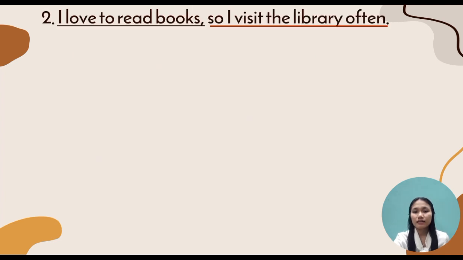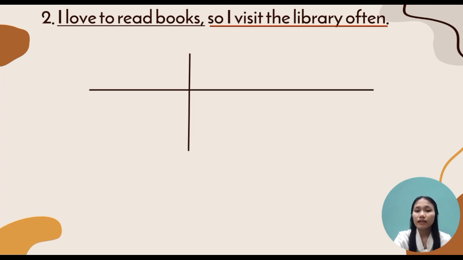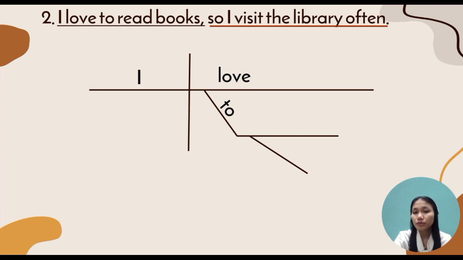Next sentence. I love to read books, so I visit the library often. So again, I is our subject, love is our verb, and to read books should be written below our verb because it is modifying our verb.